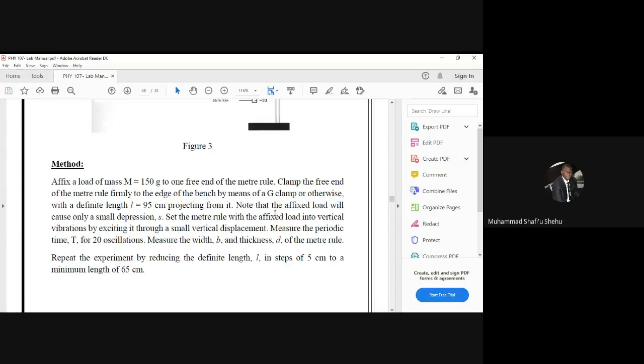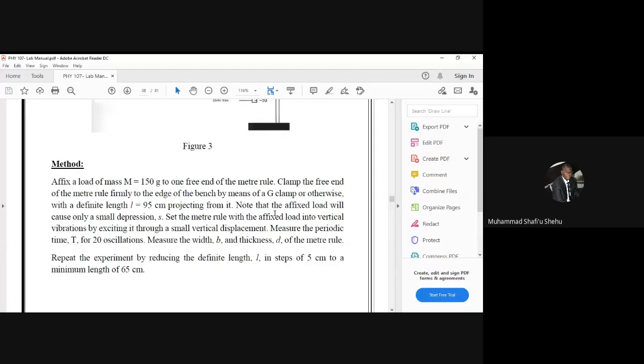Then we measure the periodic time. So he says we're going to set it immediately after affixing one end of the meter rule to our bench horizontally. Definitely it is going to have a vertical vibration, or it's going to displace itself vertically.